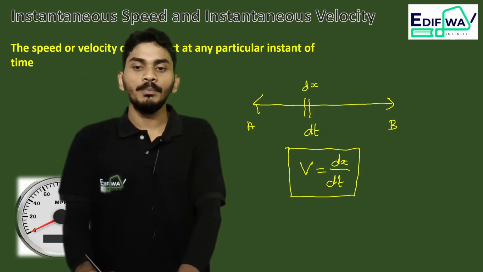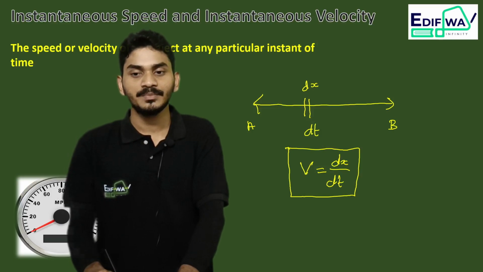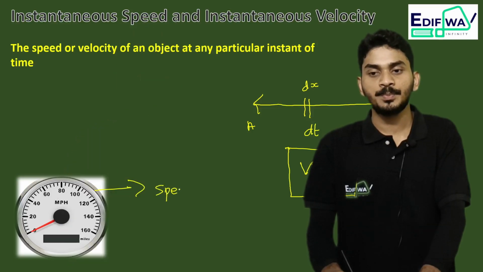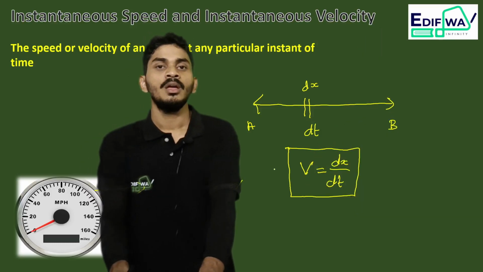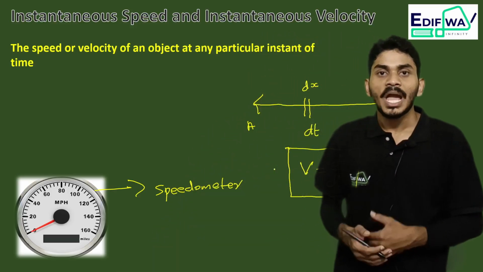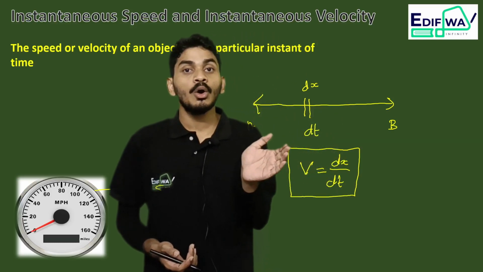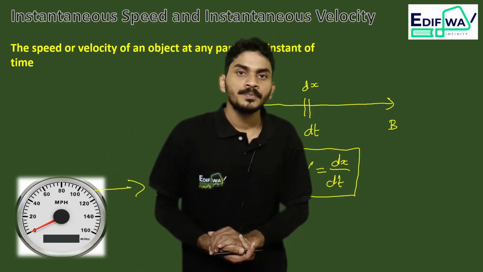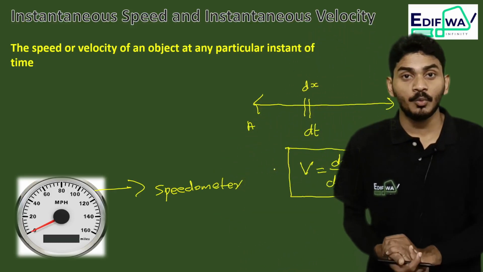Now here you can see a picture, right? What is it? Yes, this is the speedometer. You know that our vehicle has a speedometer, right? And the speedometer shows average speed or average velocity. Yes, it is average speed. Why?